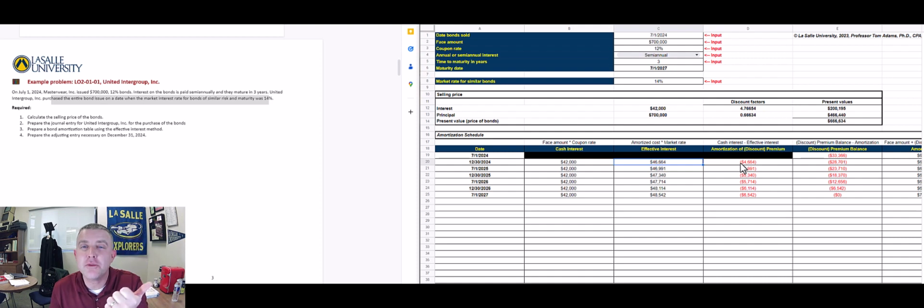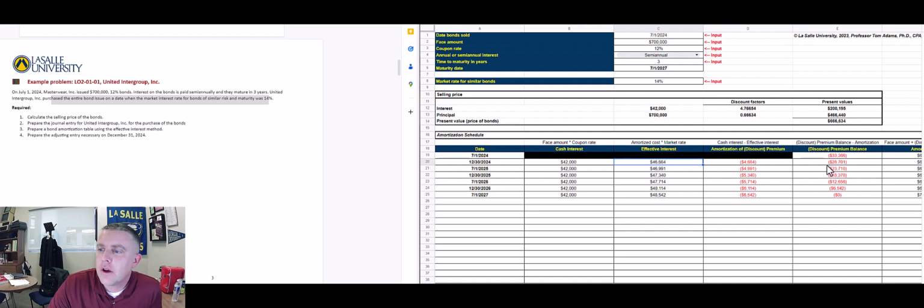We're getting the cash piece, but then we're also saying part of the discount that we received up front is our compensation for that missing 2% of interest compared to the market. Okay, so those two things combined allow us to generate investment revenue equal to 14%.